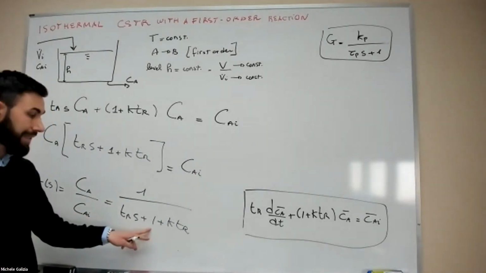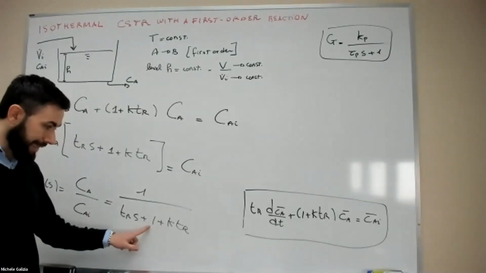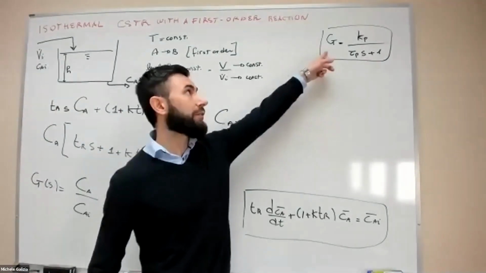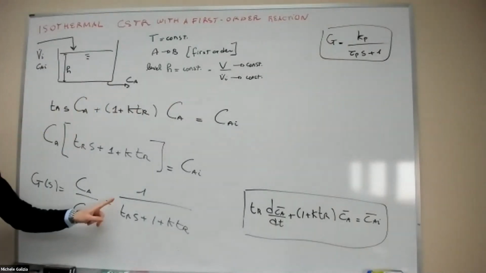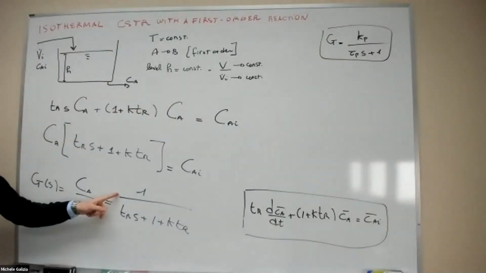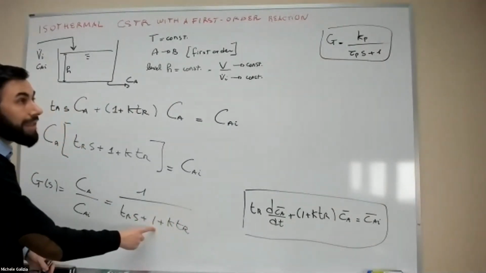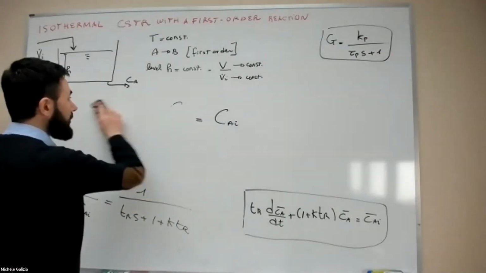Now, guys, is this transfer function written in the standard form? Let's just compare this with the standard form of a first order transfer function. Is this written in the standard form? No, because this coefficient is not 1. It is 1 plus KTR. Make sense?